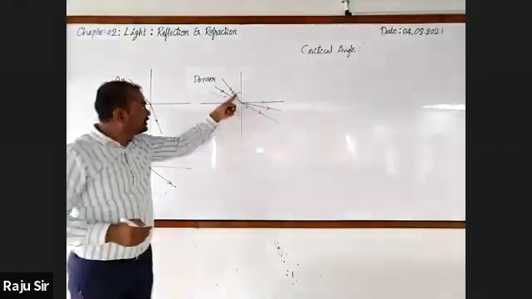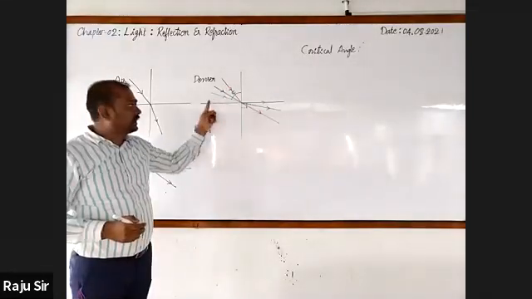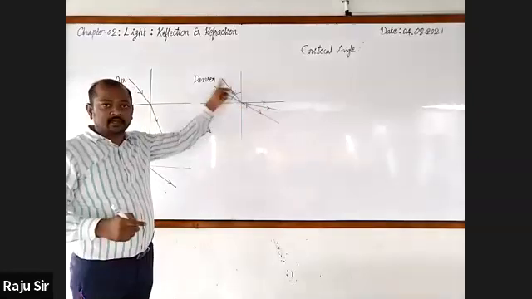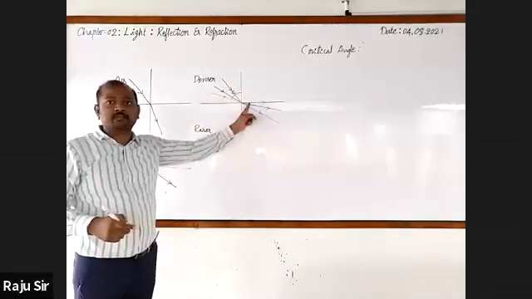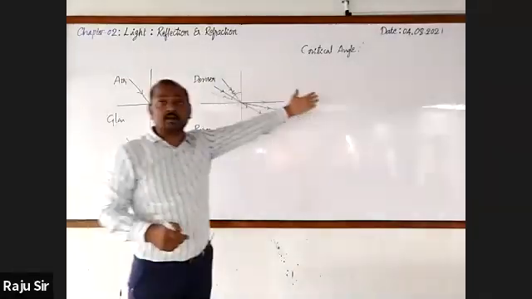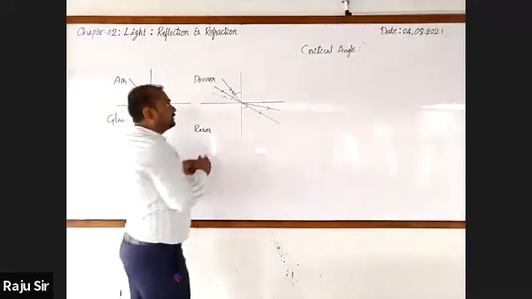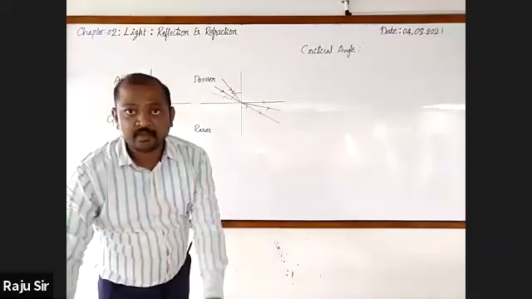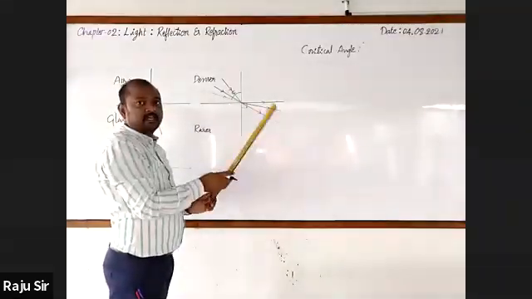The angle of incidence which makes the angle of refraction 90 degrees is called the critical angle, and that critical angle is denoted by C.